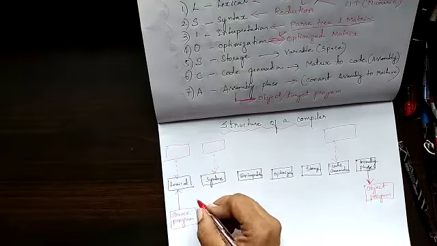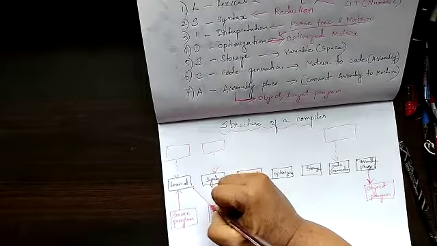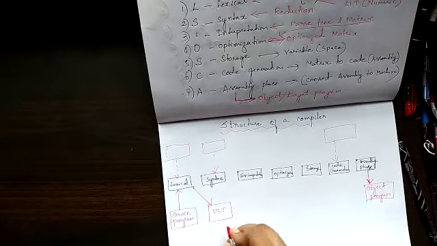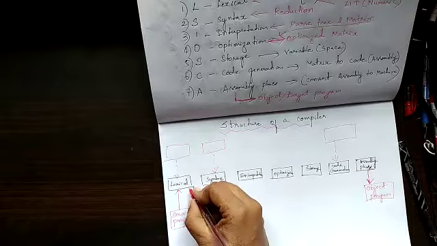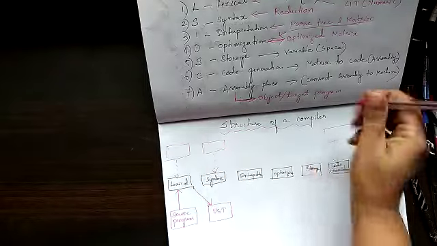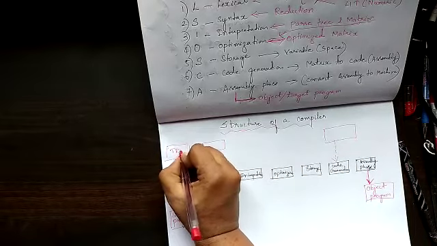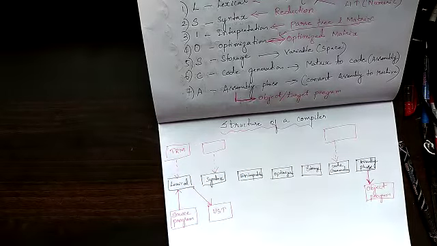So what is the lexical phase creating? It is creating the uniform symbol table. The uniform symbol table consists of 3 things: identifier, terminals, literal. Terminals are keywords or symbols which are already stored.